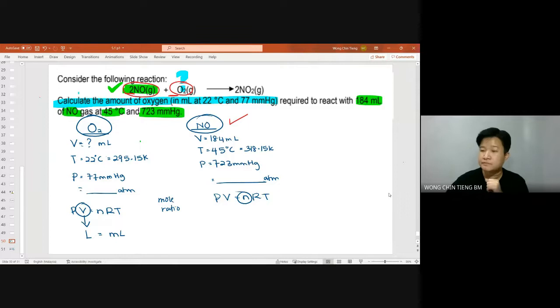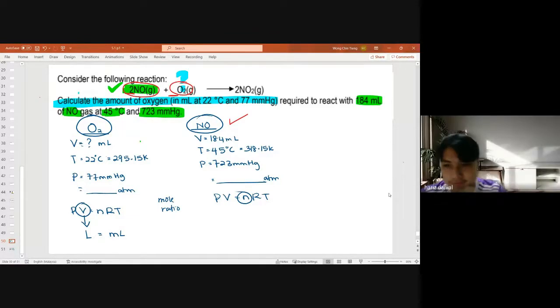Now, kita tunggu. If you do it, when I say do it, you should have done by now. If you do it because I ask your name to hand in, that's why you're stuck.